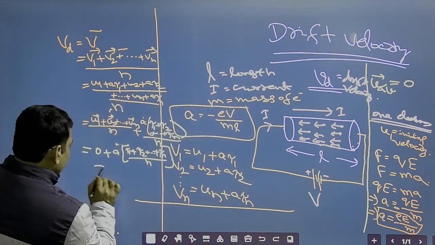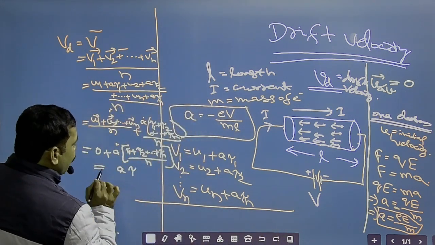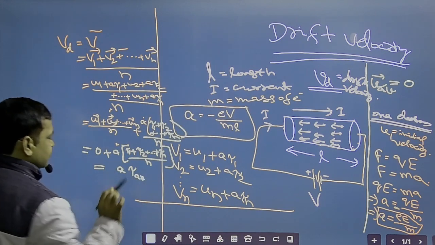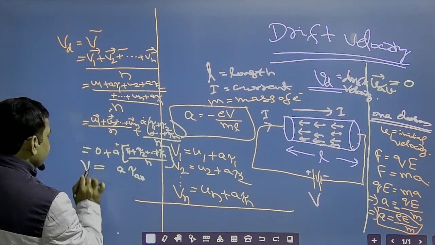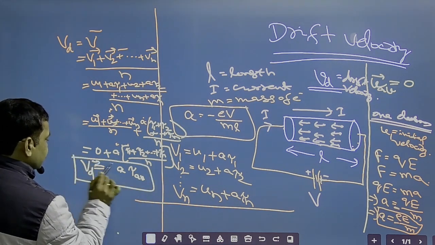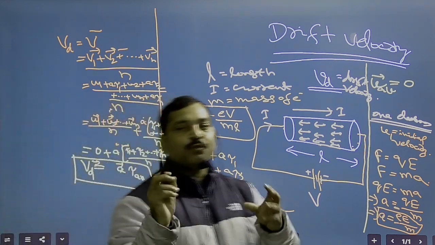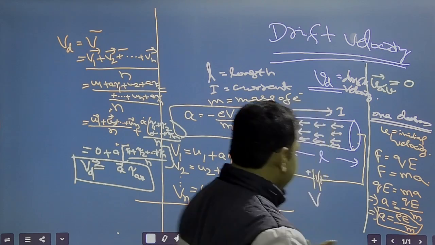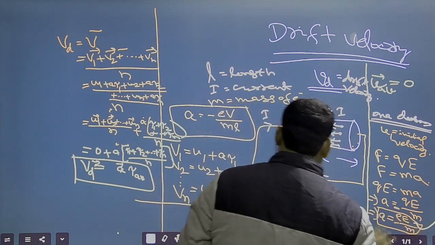So we can write this as a tau, this is tau average. Understood? So this is the formula to find the drift velocity. Now we put in the value of a that we have already calculated earlier.